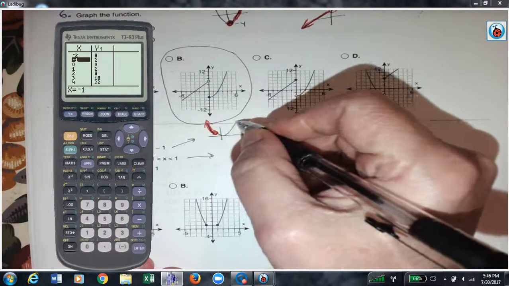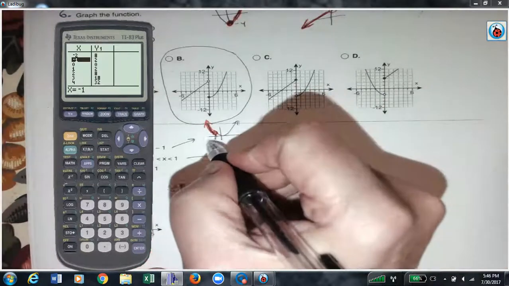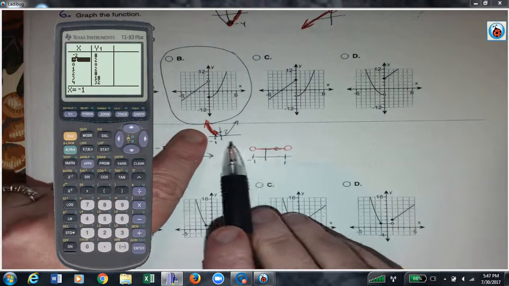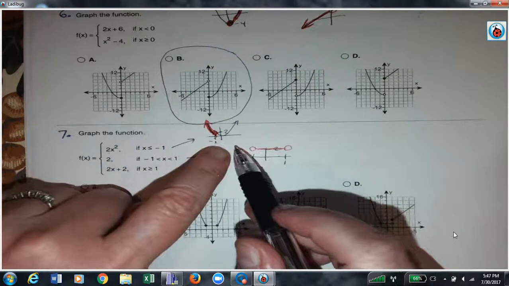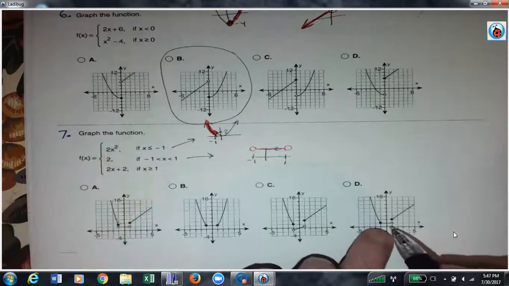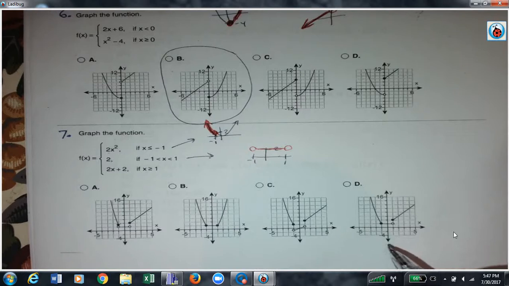There's the total graph, and this point here is negative 1 comma 2. So when I put them on top of each other, this point fills in the gap there. And so I am going to have that negative 1 comma 2.